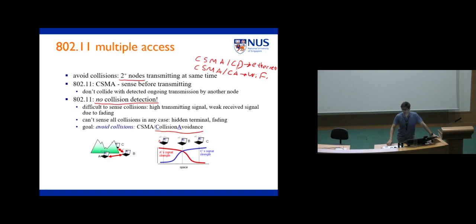When you are still silent, you can sense other transmissions. So it's similar to how we sense others talking, and we don't talk while somebody else is talking. But once your transmission begins in Wi-Fi, there is no way you can sense others' transmissions, because your transmission would be so strong that it would block others.